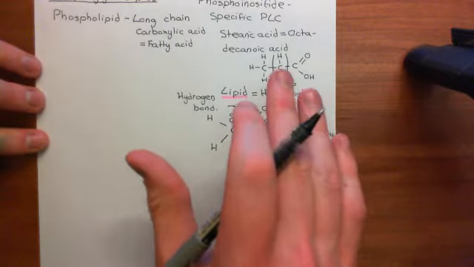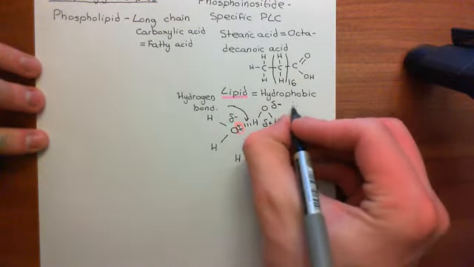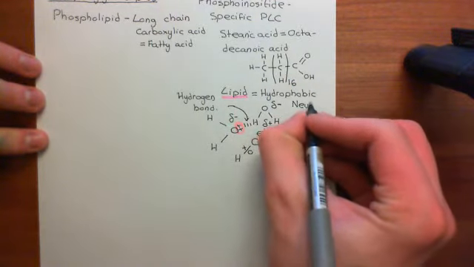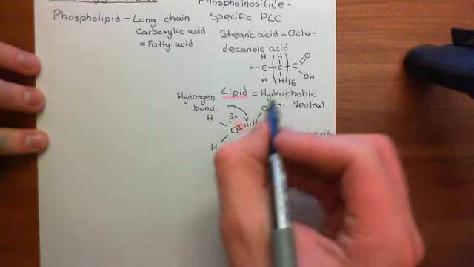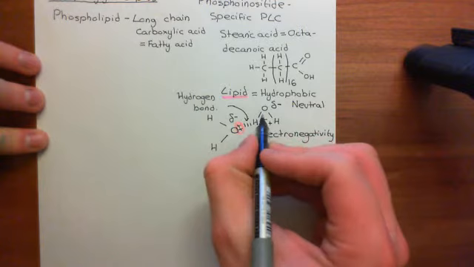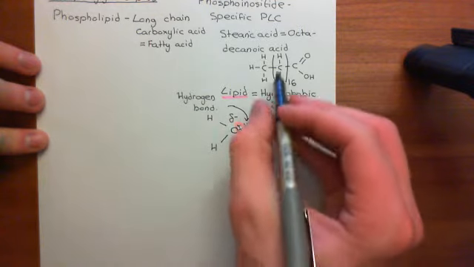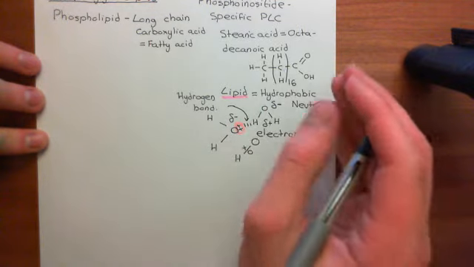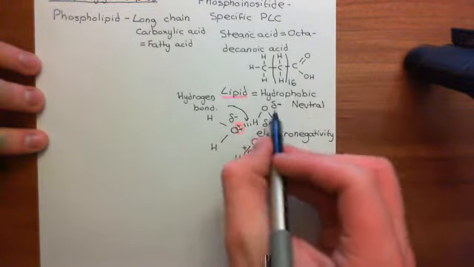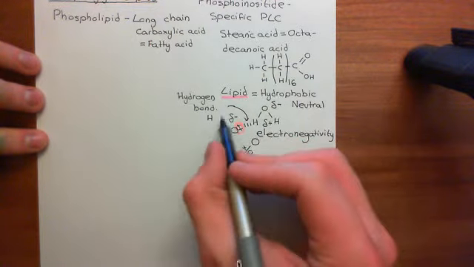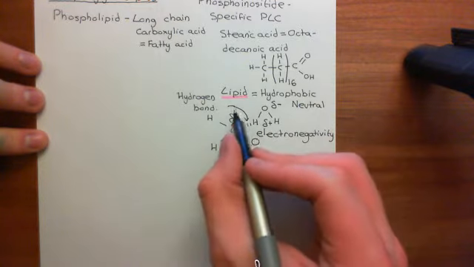So that's why these neutral structures become hydrophobic. But it's not that water actually repels these things, it's that water would just rather be bound to other water molecules than to fat molecules. So the fat molecules all end up aggregated together away from the water molecules so that the water molecules can interact with each other basically.